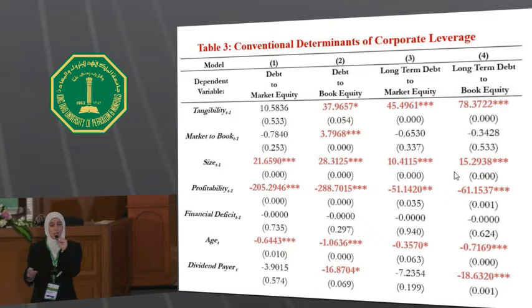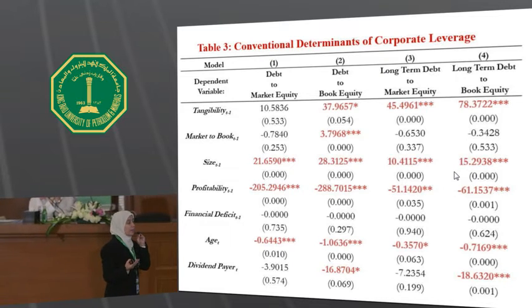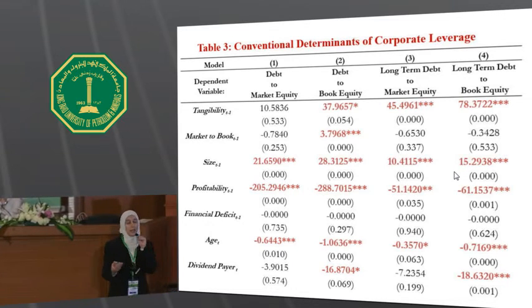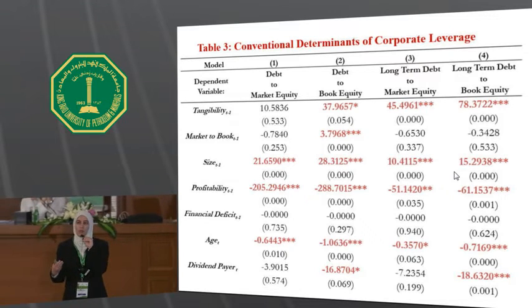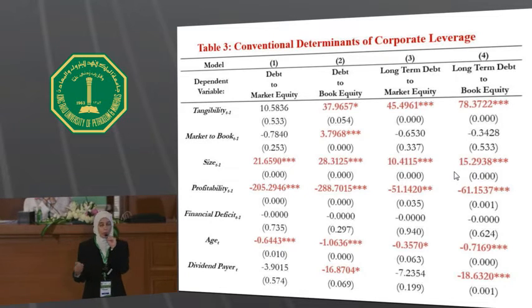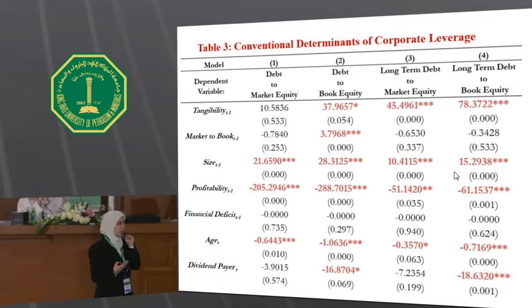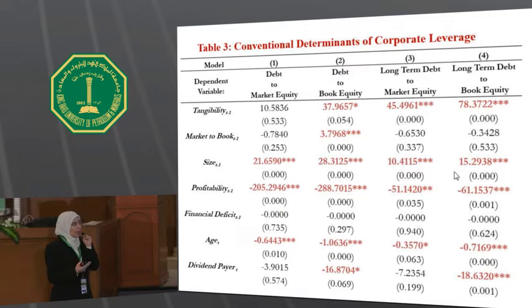Financial deficit, which is the Shyam-Sunder and Myers measure, is weak here. It's insignificant. And again, this is consistent with recent literature that financial deficit might differ depending on the sample, depending on whether the firms are paying out capital or receiving capital. So in my case, it was insignificant, which is fine.